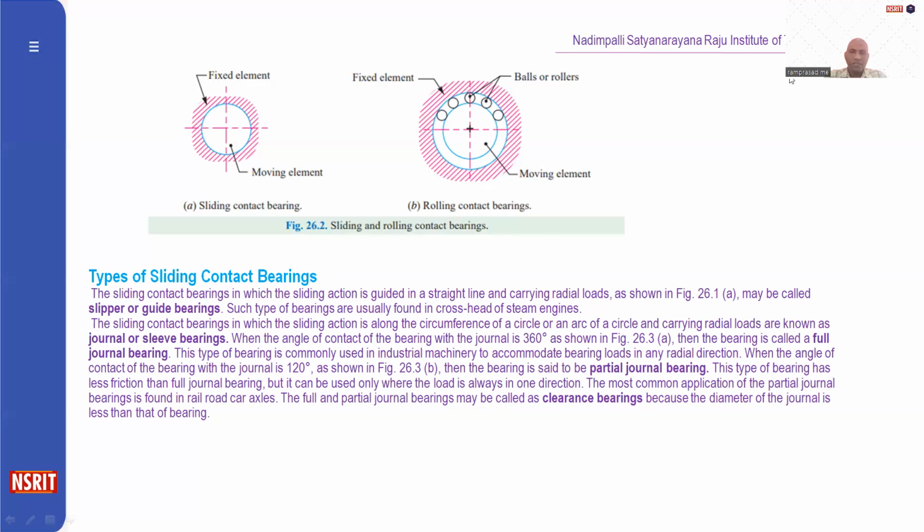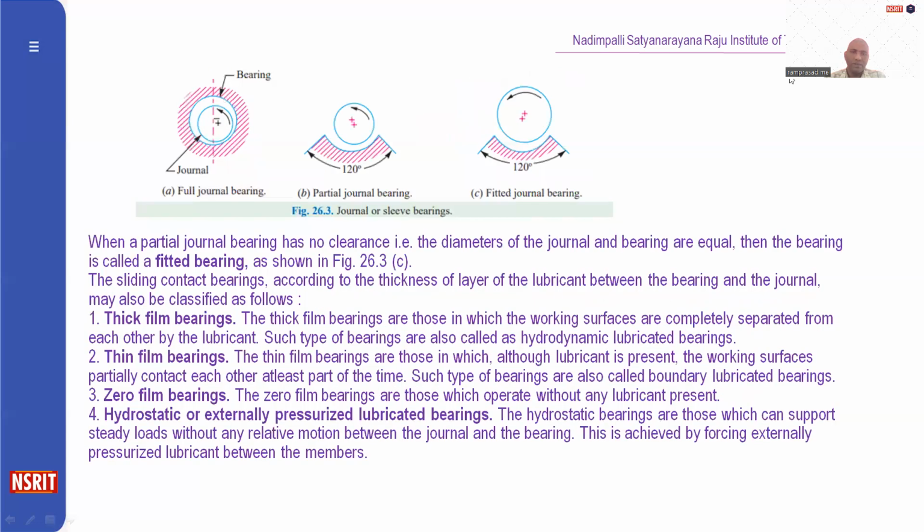Full journal bearing is a clearance bearing, whereas partial journal bearing is also a clearance bearing, but the angle of contact between the bearing and the journal here is 120 degrees, whereas for full journal bearing it is 360 degrees. Whereas fitted journal bearing is also 120 degrees, but no clearance is provided. Therefore, it is called a fitted journal bearing.